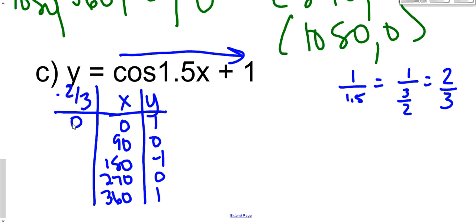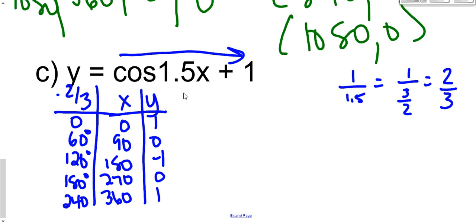Well, 0 is good, right? Because 0 times anything ends up as 0. But 90 times 2/3 is going to be 60. And then 180 times 2/3 is 120. You can see a pattern here: 0, 60, 120. 2/3 of 720 is 180. And 2/3 of 360 is 240.